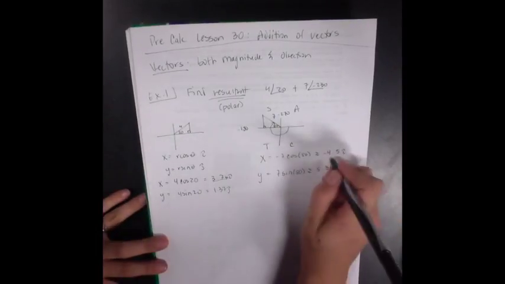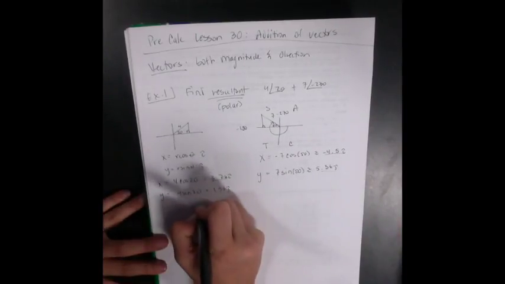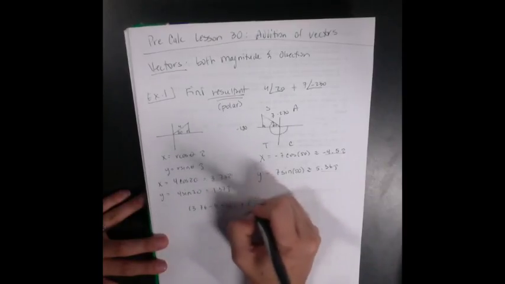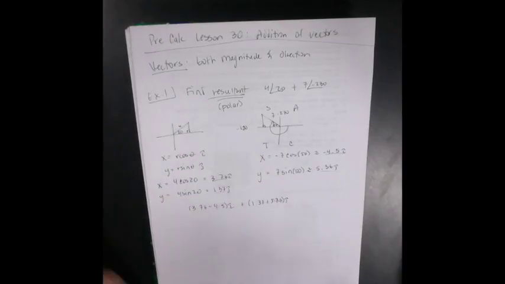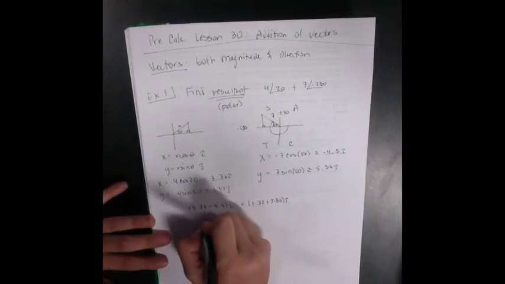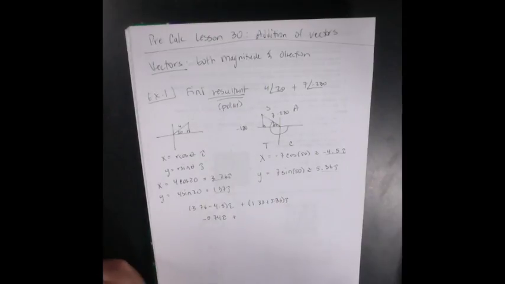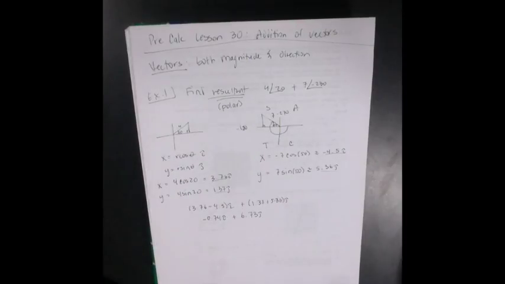Now, I'm going to add my i hat terms and add my j hat terms. So I will get 3.76 minus 4.5 i hat plus 1.37 plus 5.36 j hat. And this gives me negative 0.74 i hat plus 6.73 j hat.